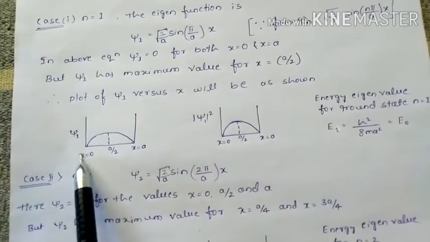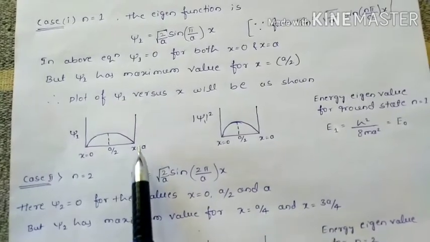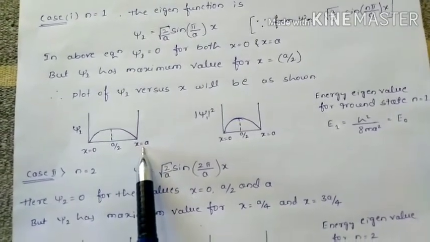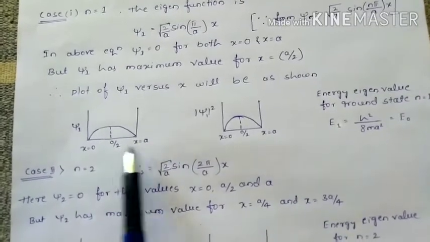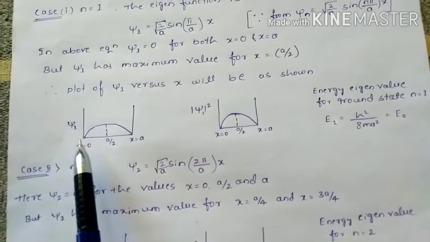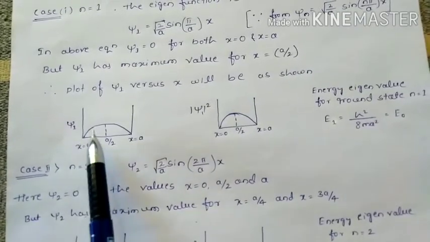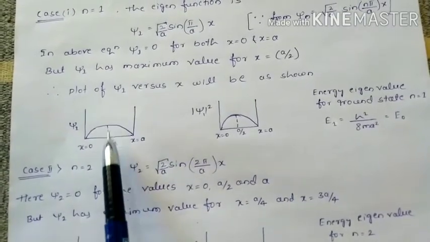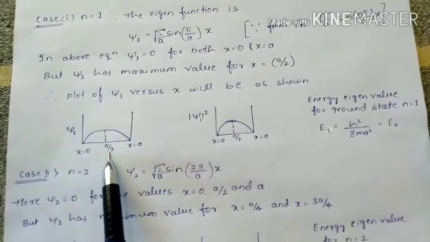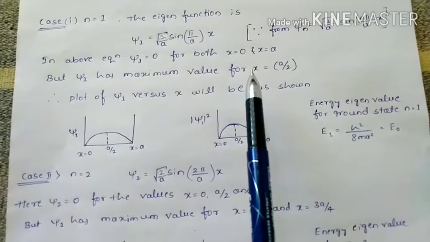If psi 1 is a low value at x is equal to 0 and x is equal to a, then the probability of finding the particle at these 2 points will be less, and the probability of finding the particle will be maximum at the center of the potential well. This is the meaning of this equation.